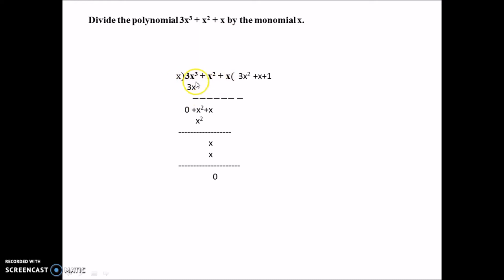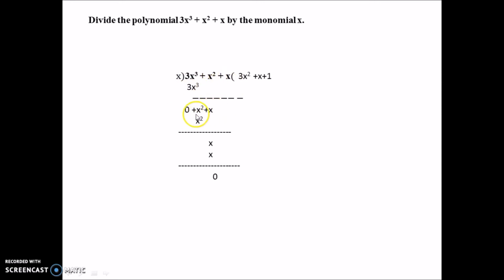The first term is 3x^3. To get 3x^3, we should multiply x with 3x^2. So 3x^2 into x gives 3x^3. Now subtracting this from the polynomial, 3x^3 minus 3x^3 gives 0, and the remaining value is x^2 + x.